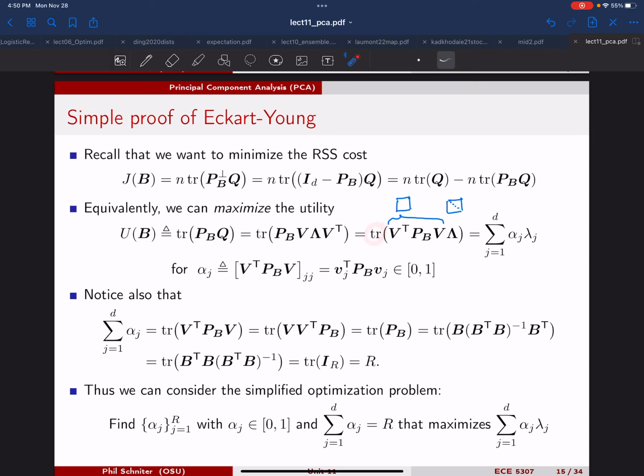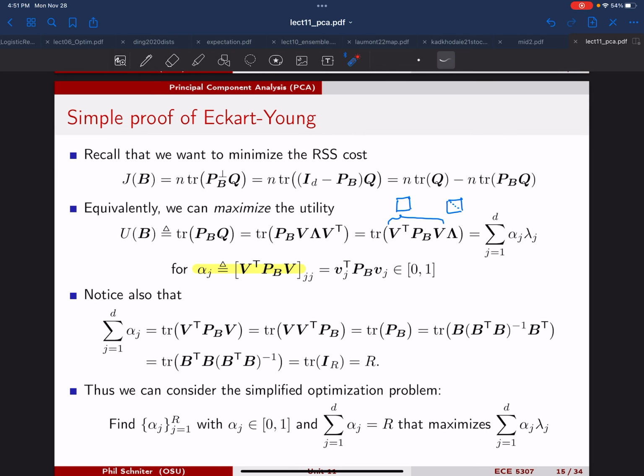You're taking the sum of the diagonal components. So all that's going to matter for us are what is on the diagonal of this matrix. Because all the off-diagonal elements of this matrix here will be killed when we take the trace. We just care about what's on the diagonal, and then those guys are going to be multiplied element-wise by these lambdas. So let's define alpha j as the jth diagonal element of this matrix here.